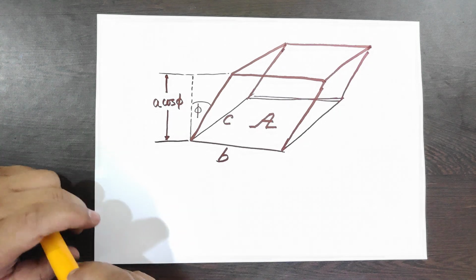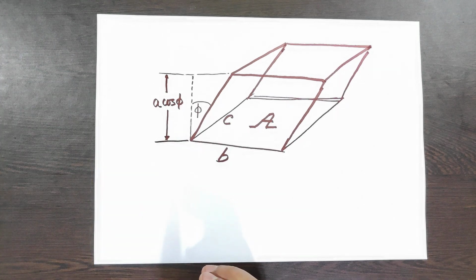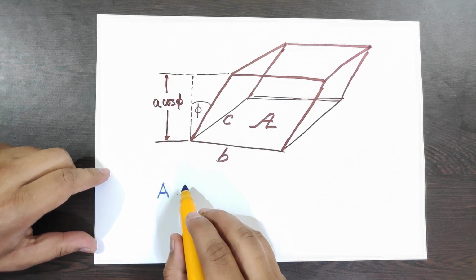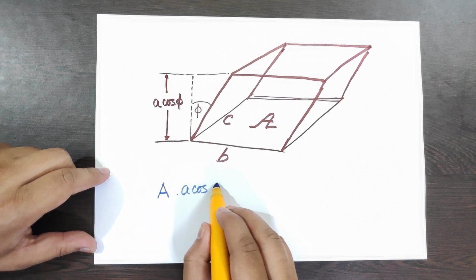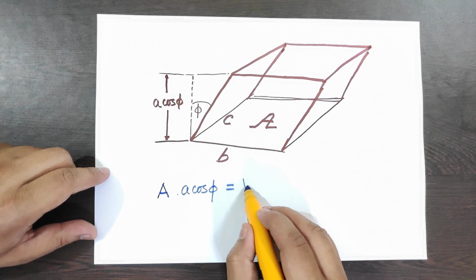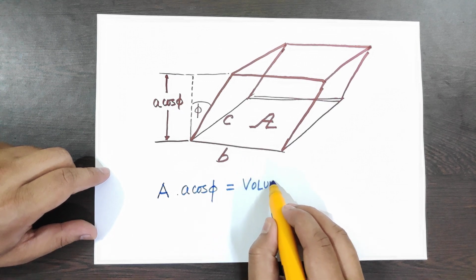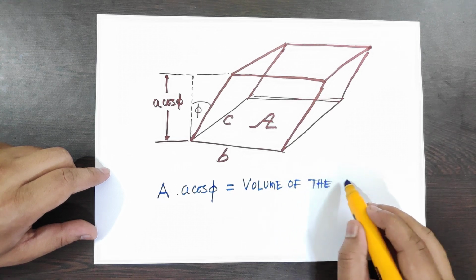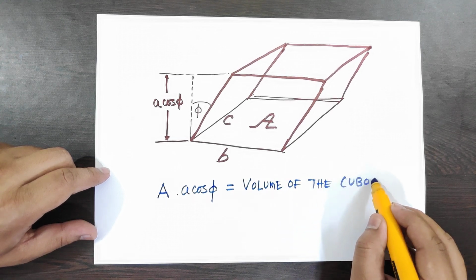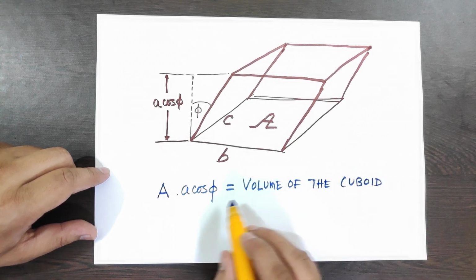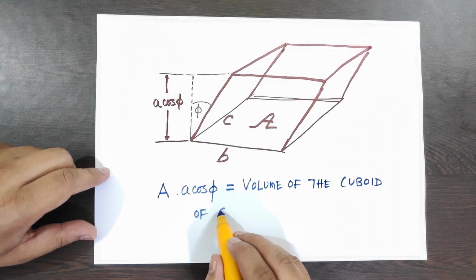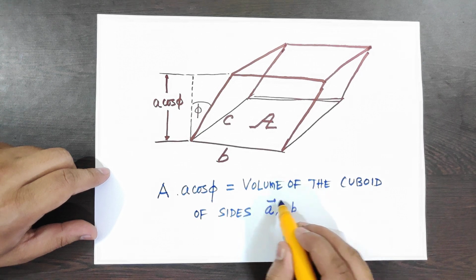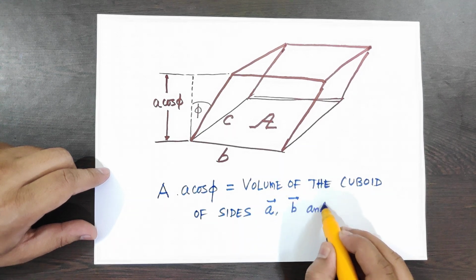Now you know this area of the base multiplied by the height a cos phi is equal to the volume of the cuboid of sides a, b and c, or rather vectors a, b and c.